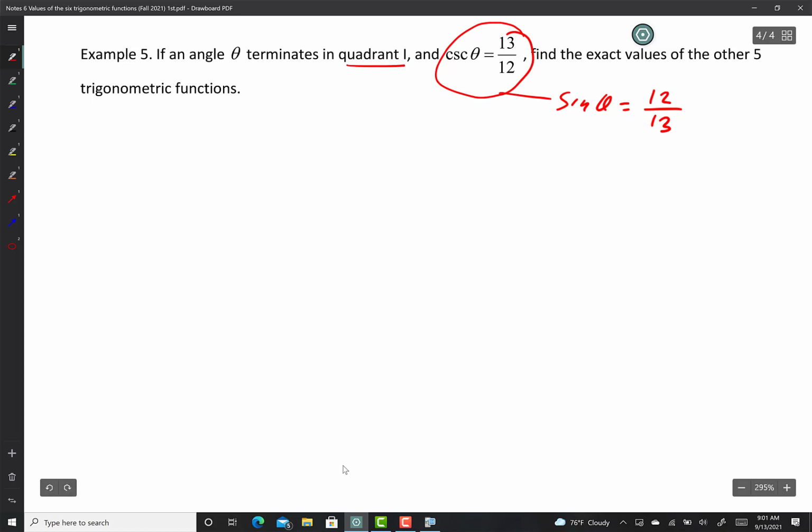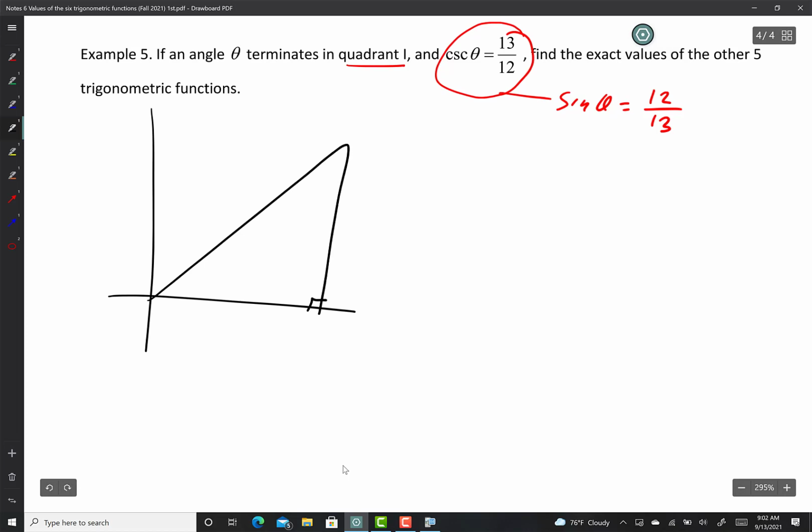I'm in quadrant 1, so here I go. There's quadrant 1, and because I'm in quadrant 1, I don't need my reference angle. Well, technically that is your reference. And that angle, opposite over hypotenuse, so that's 12, that's 13. To figure out this side, maybe some of you already know it because it's a special type of triangle.